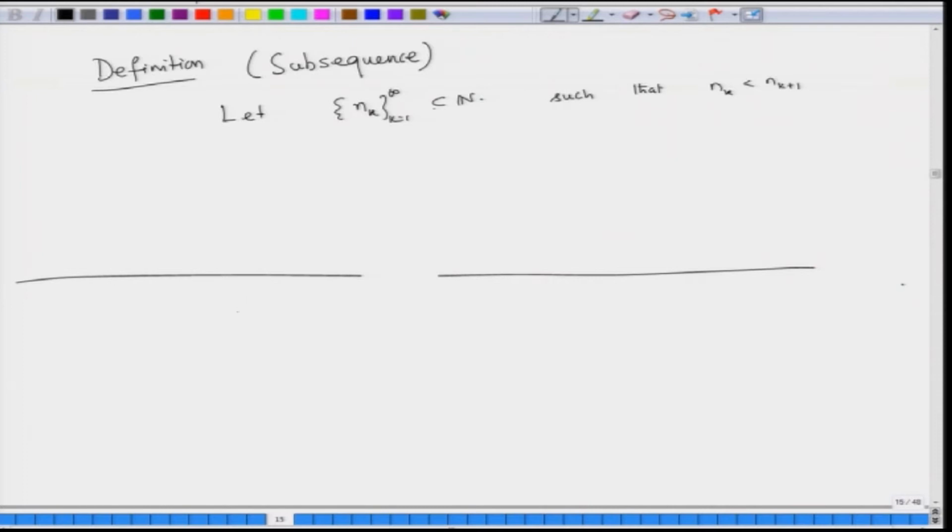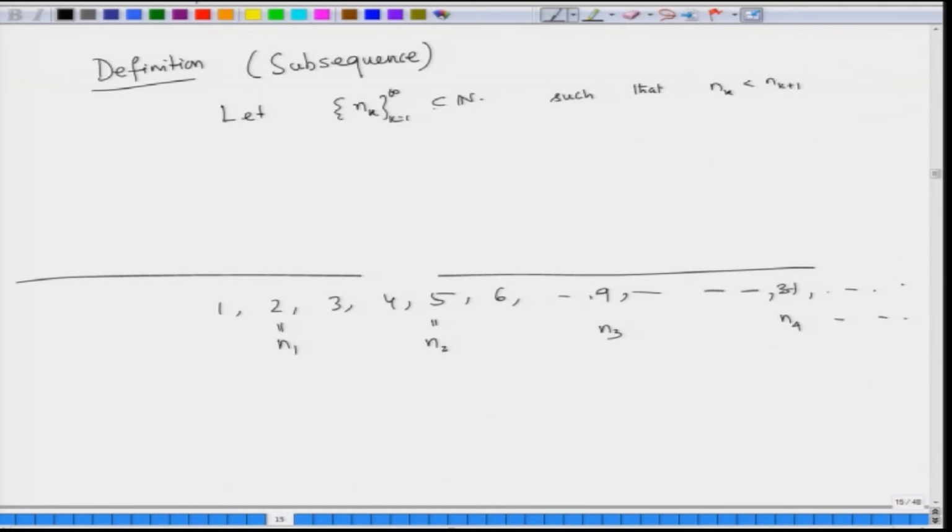So, what does that mean? Suppose I have 1, 2, 3, 4, 5, 6, and so on. I take n_1 to be 2, n_2 to be, let us say, 5, n_3 to be 9, n_4 I can take to be 31, and like this I go on.